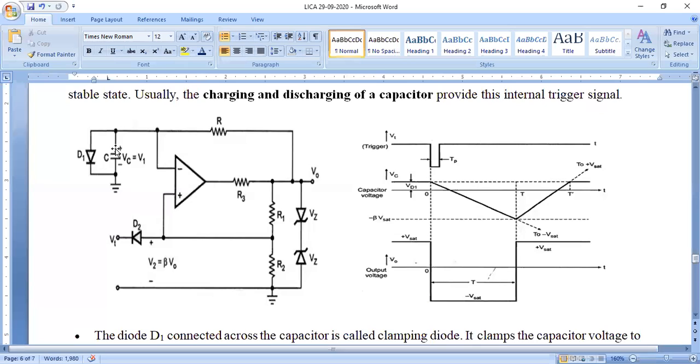That means all the current will start grounding through the diode. After a certain instant of time, when we apply this negative short, capacitor charging occurs. What we are doing is applying the negative short pulse to the non-inverting terminal of the operational amplifier with the terminal VT.